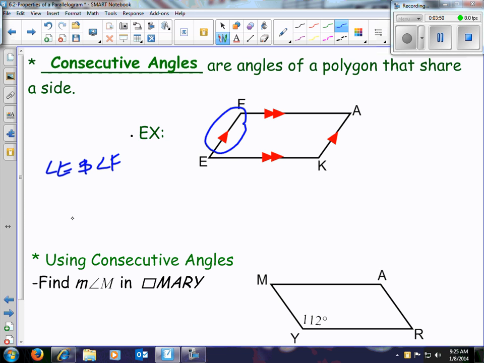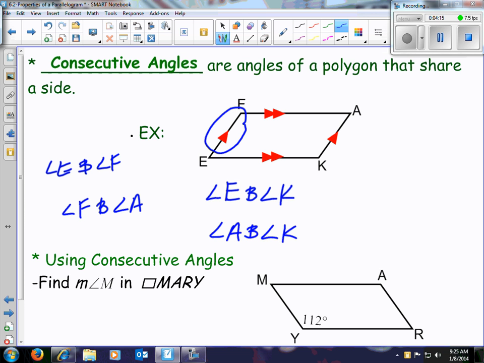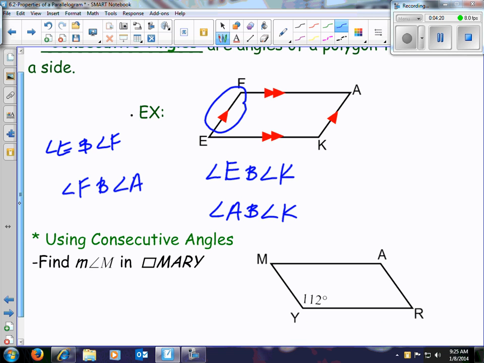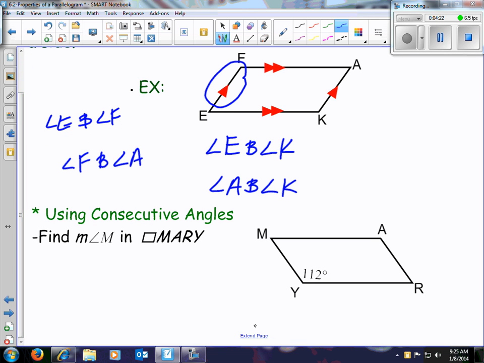The next thing is angle F and angle A are consecutive angles. Now, I could have written it, angle A is consecutive to angle F. It doesn't matter the order as long as you write it. So the other two that we have are angle E and angle K are consecutive, and angle A and angle K are also consecutive. Now, let's use this information that we've learned in order to solve a simple problem.